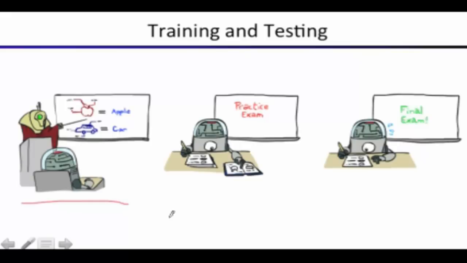That's where you would assign all the probabilities. Then you have a practice exam on a separate set of data, where you might have a couple of additional parameters that you want to vary based on performance on the practice exam. And then the final exam is when you really get to see how good your algorithm is, and that's the number you put in your paper.